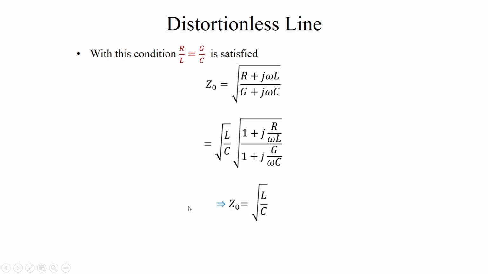Finally, we will get Z naught equal to root L by C, and characteristic impedance becomes real and its value is the same as that of the lossless line. So, this is an interesting property of the characteristic impedance of the distortionless line.